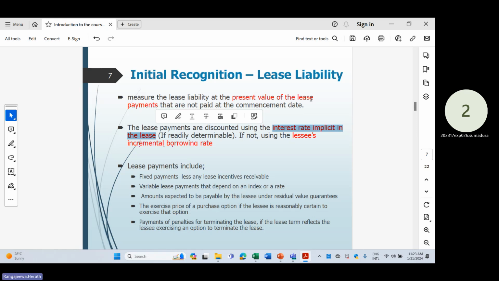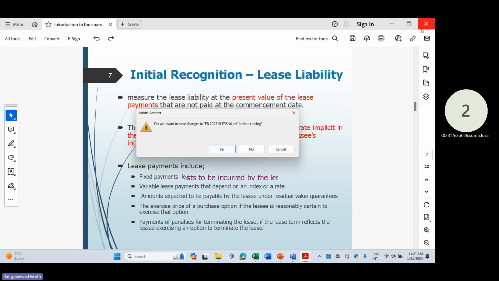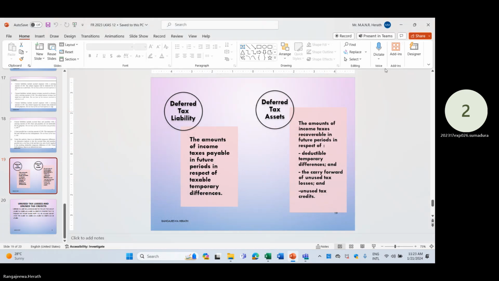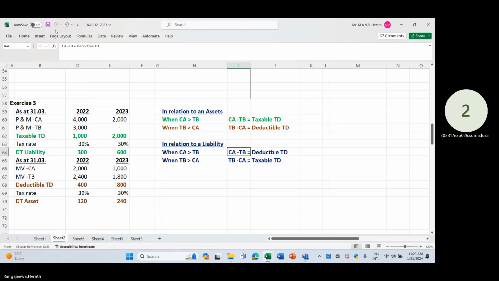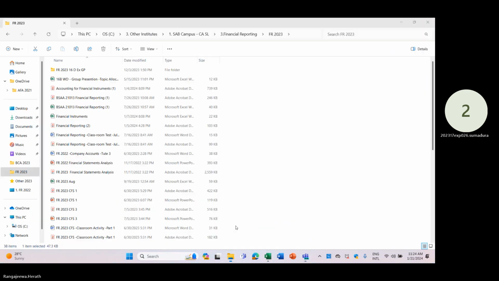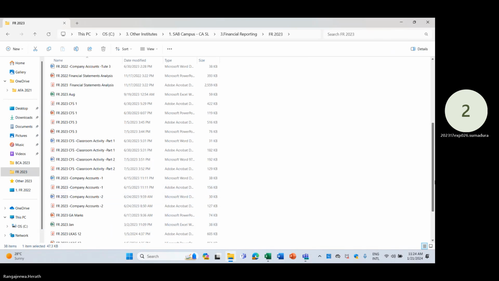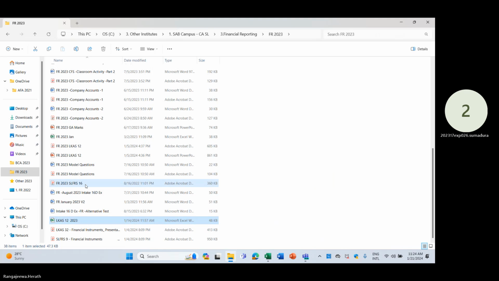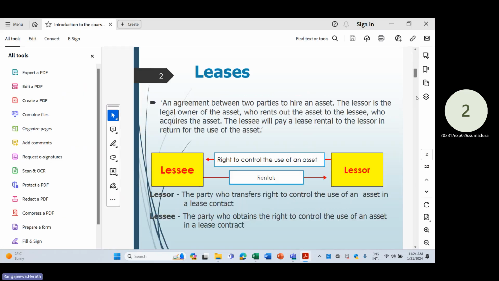So what are the lease payments? Mainly, in most cases you will have fixed payments. Fixed payments to be incurred by the lessee.